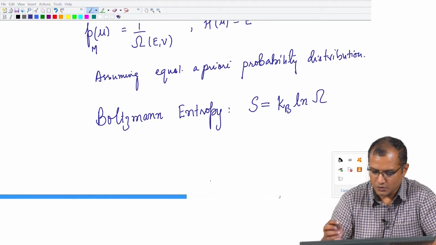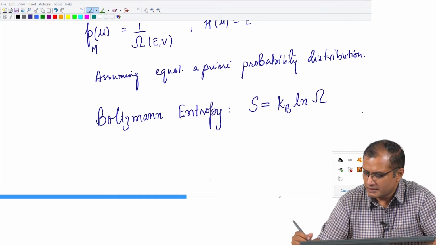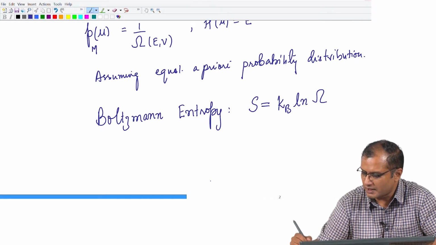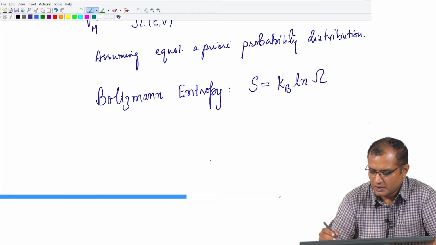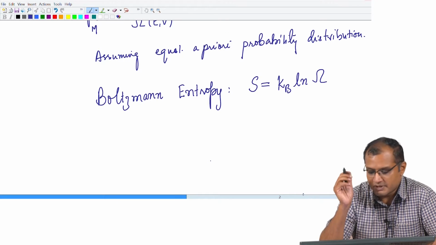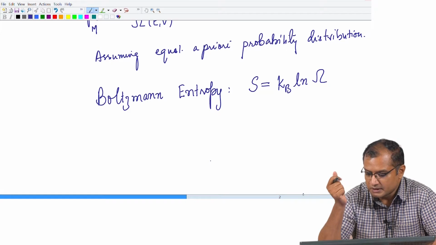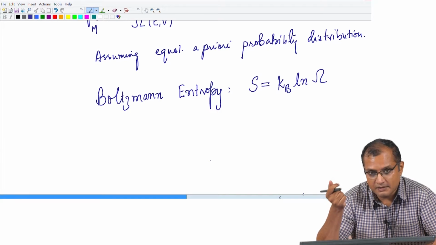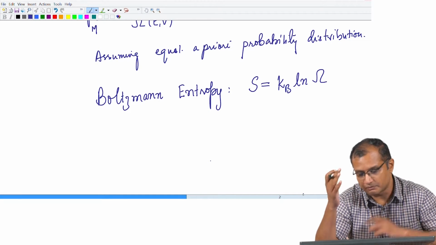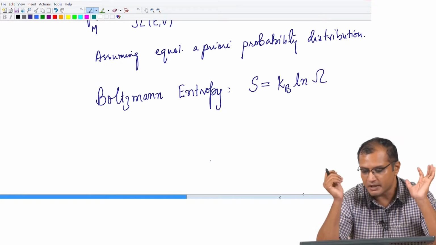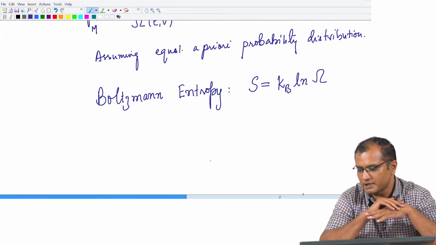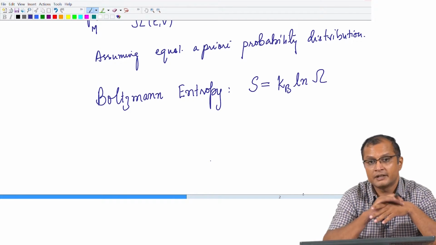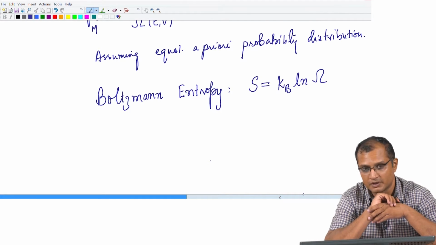Okay. So, this equal a priori probability distribution allows me to invoke Boltzmann's definition for entropy, which is nothing but a statement that the entropy is an additive extensive quantity, and the calculation of entropy is logarithmically related to the number of states accessible to the system.